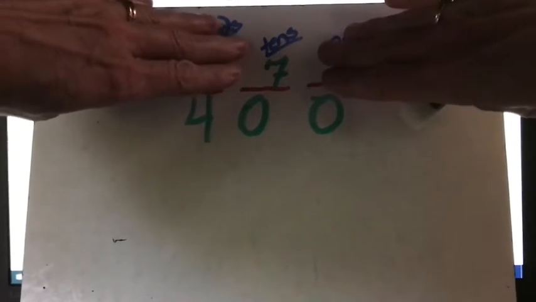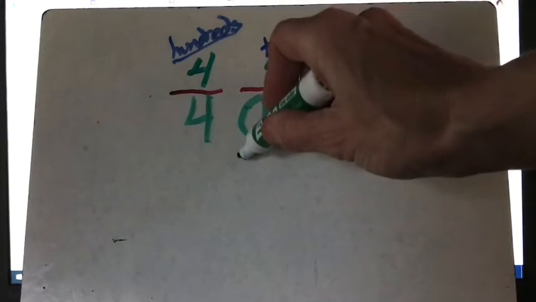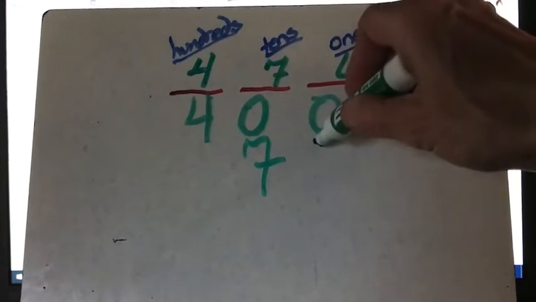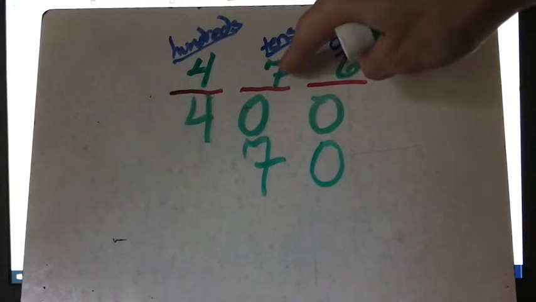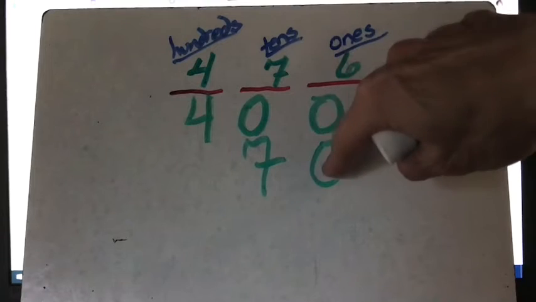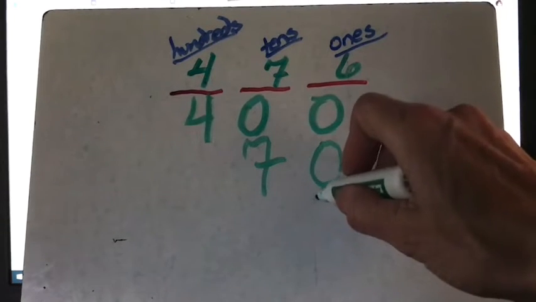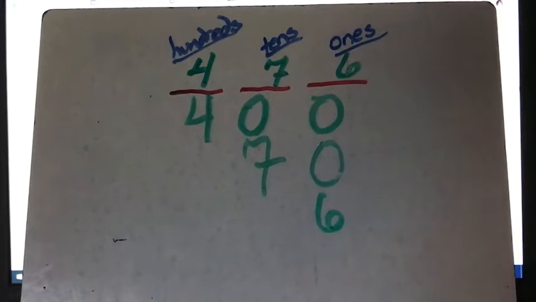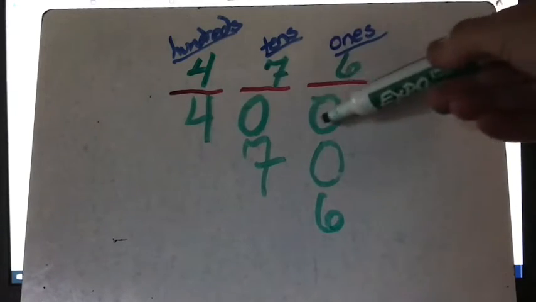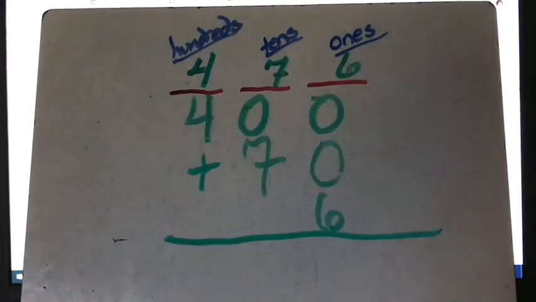Now if I just look at the 7 in the tens place, 7 tens is 70. And if I had 70, I'd have a 0 in the ones place. And then 6 ones, there's nothing after it, so a 6 would be in the ones place.